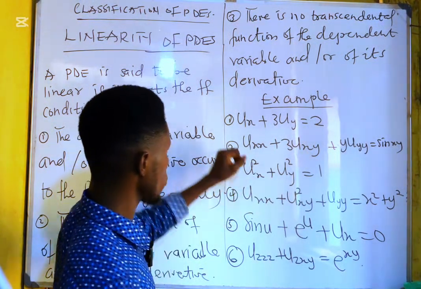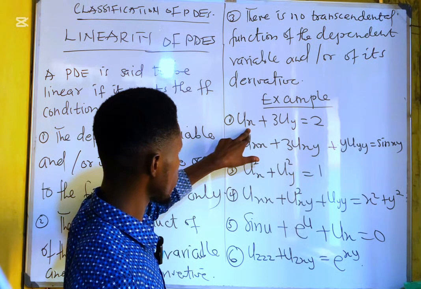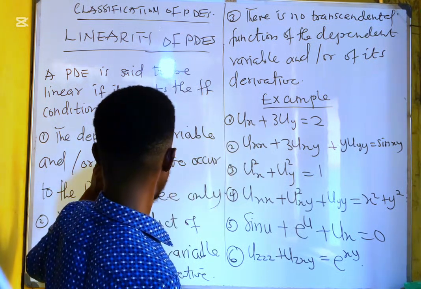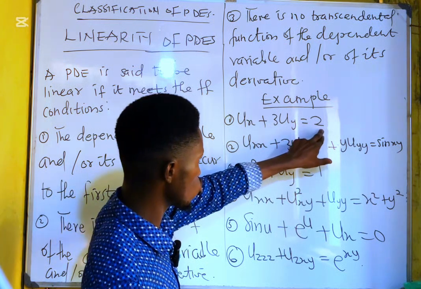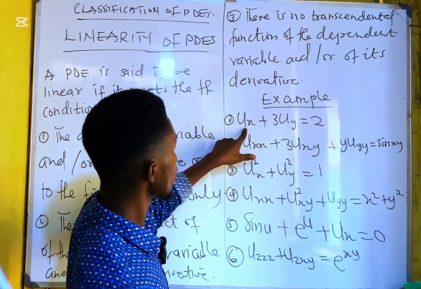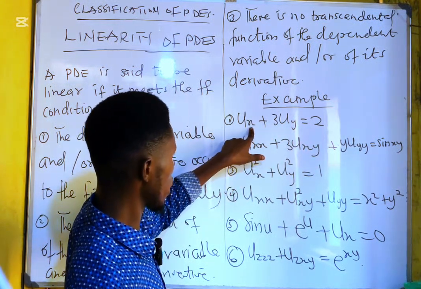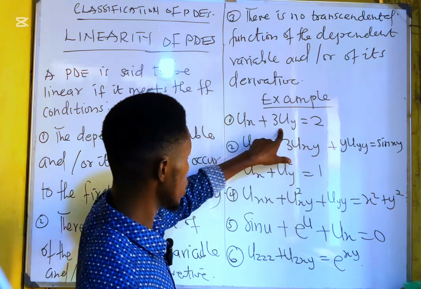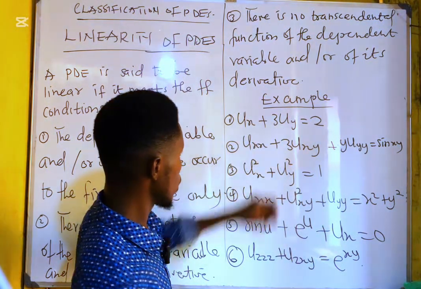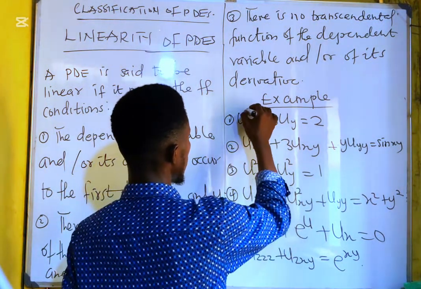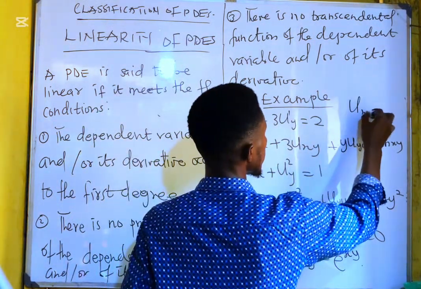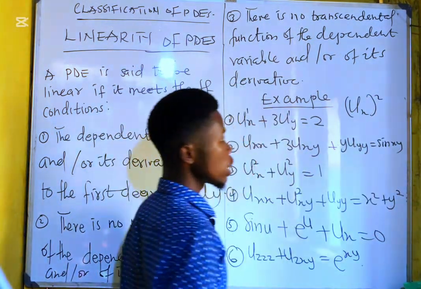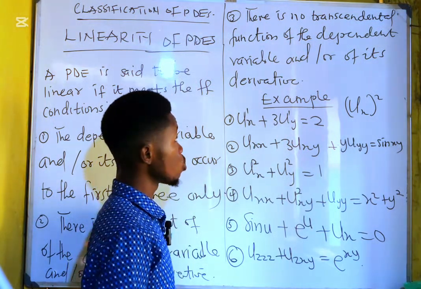So let's look at an example. If you look at this one, ux plus 3uy equals 2. The dependent variable occurs to the first degree only. What do you mean by the degree? Here the power is 1. If it was like ux all to the power 2, this becomes non-linear.